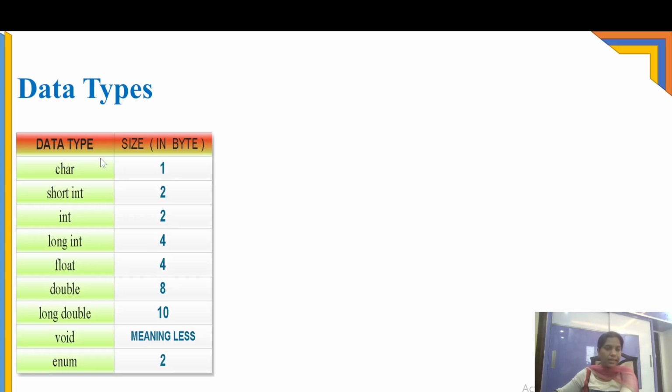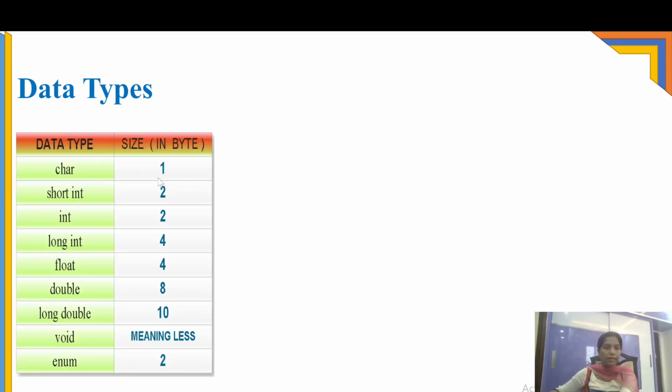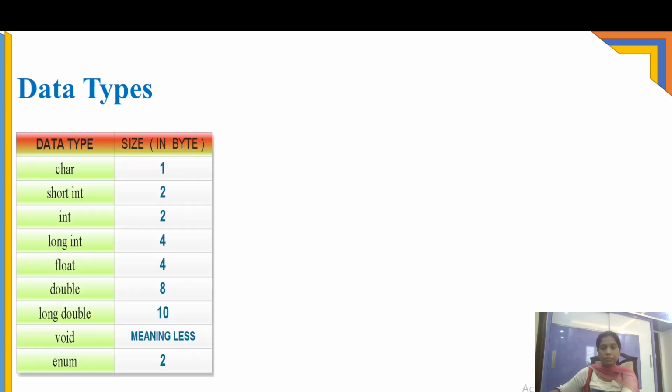These data types have sizes, and the size is in bytes. Character is 1 byte, short int 2 bytes, int 2 bytes in a 32-bit compiler.